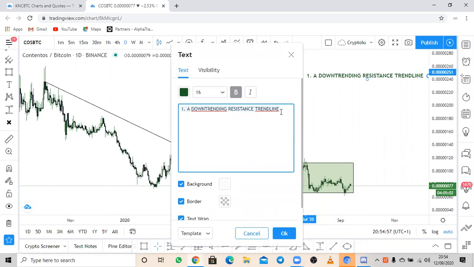Number two is a breakout followed by a retest, and price started consolidating from there.